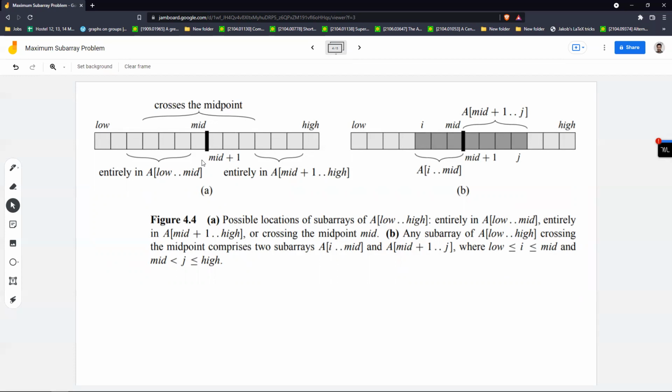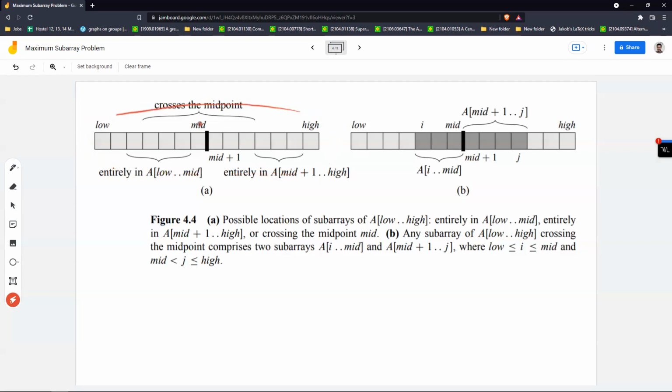So there are three cases possible. That is what they are showing here. The three cases: a maximum subarray of A low to high is in fact contained in A low to middle. That is possible.